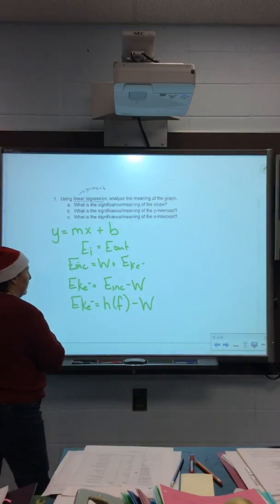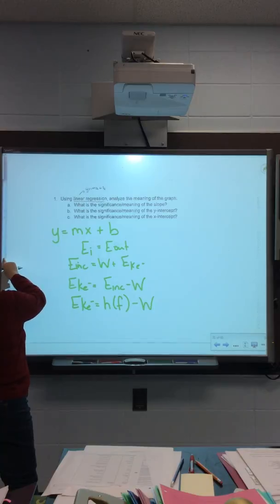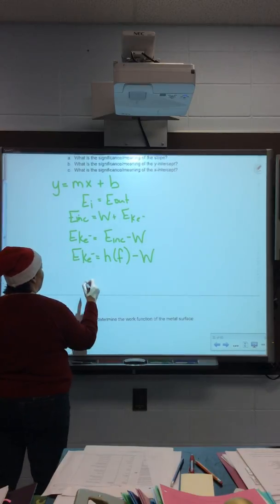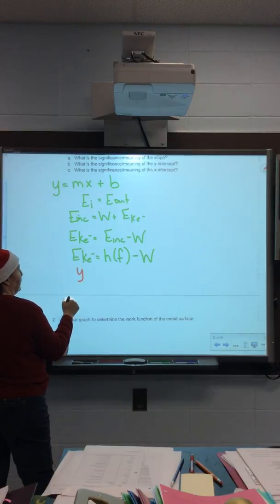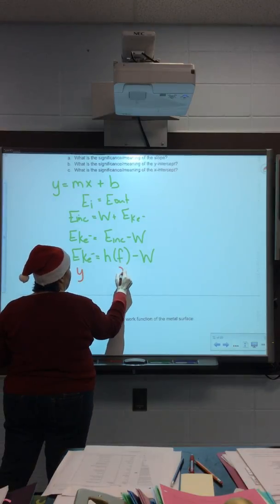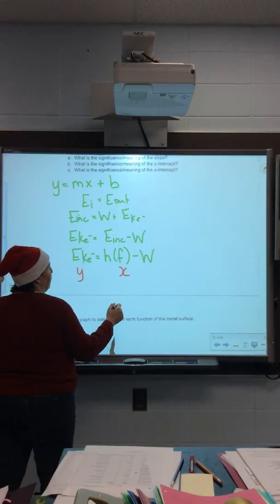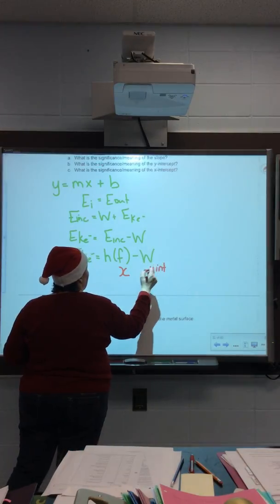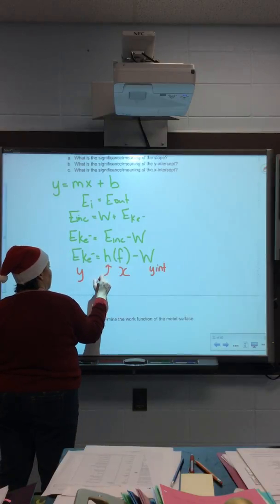So when we look at this and compare it to y equals mx plus b, we know that this from our graph is y, this is our x, and this is going to be our y-intercept.